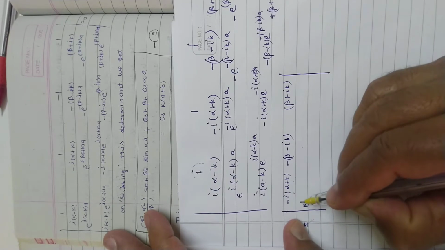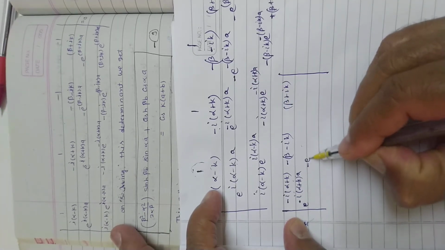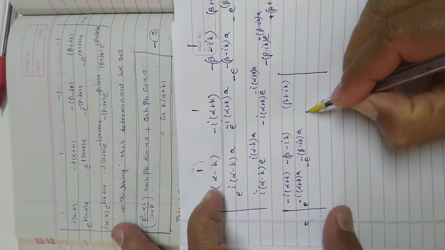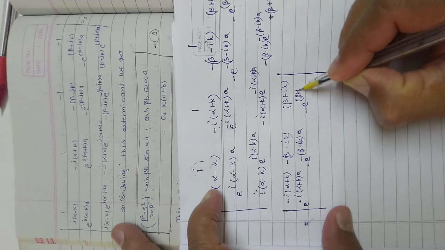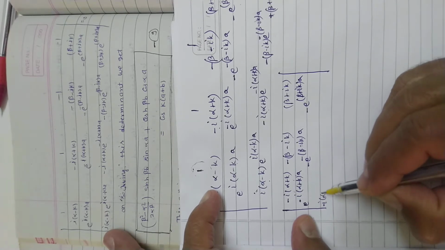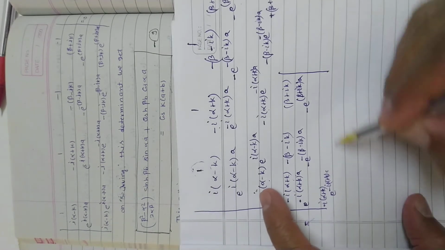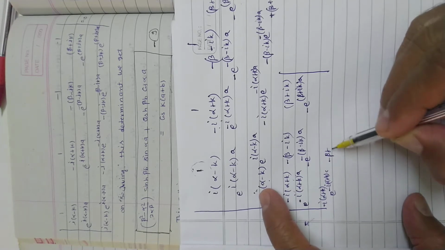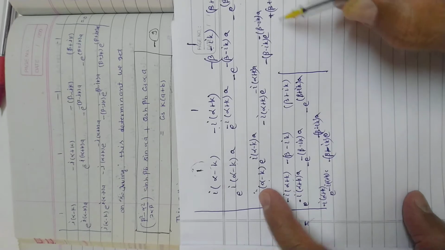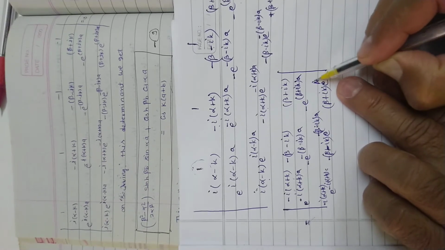Here it will be e to the power minus iota alpha plus k into a, minus e to the power minus beta minus iota k a, and minus exponent beta plus iota k into a, then this minus iota alpha plus k multiplied by e to the power minus iota alpha plus k into a, and so on, minus beta minus iota k e to the power minus beta minus iota k a, and the last term will be beta plus iota k exponent beta plus iota k a.